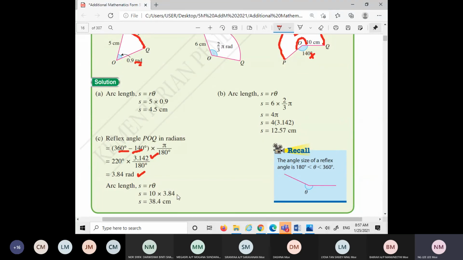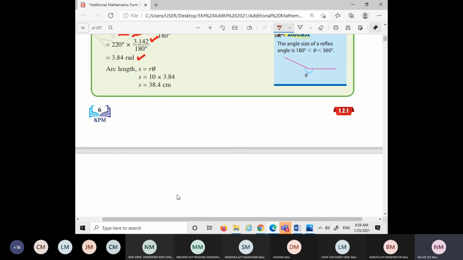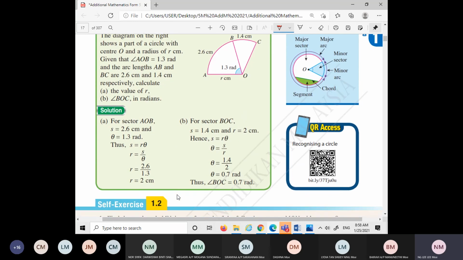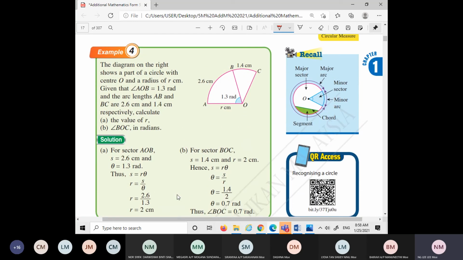I still have 3 more minutes, so I go through one more example. This is example 4. The diagram on the right shows a part of a circle with center O and a radius r.